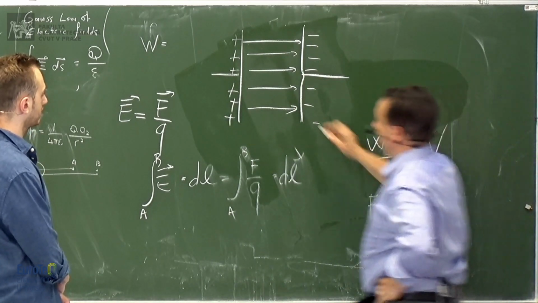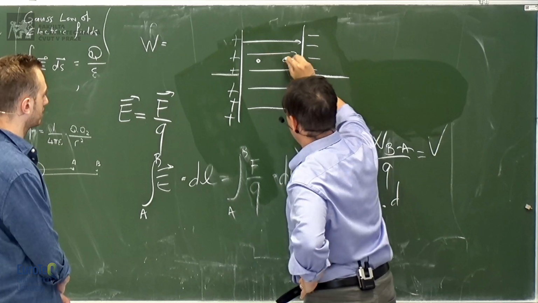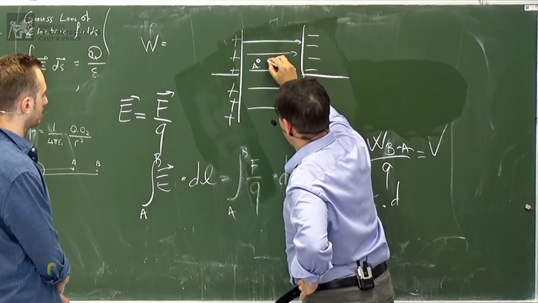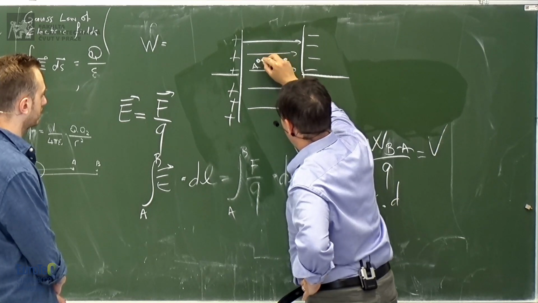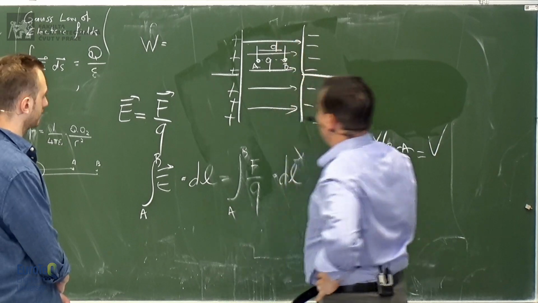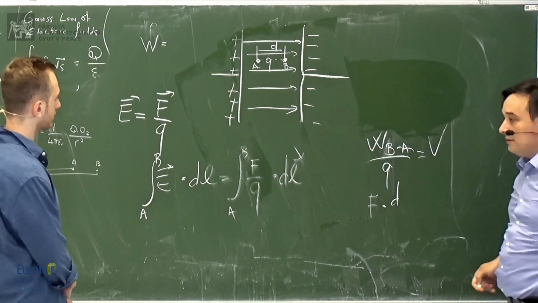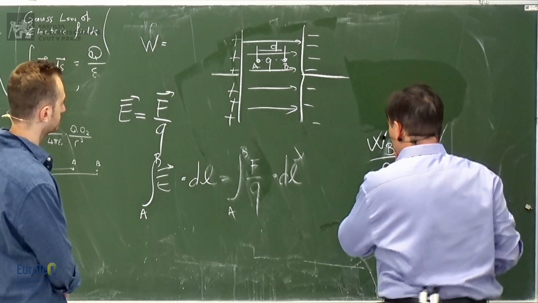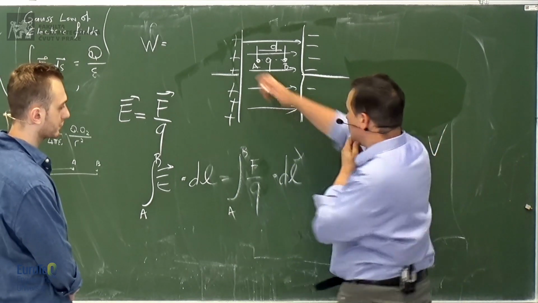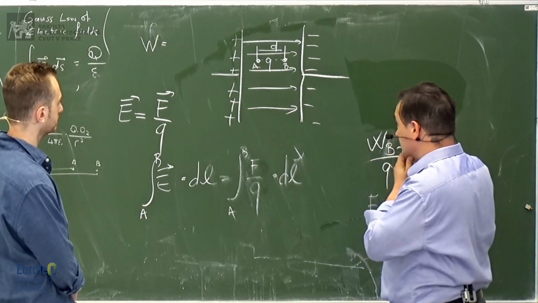You want to go from point A to point B, so you have your charge, and you have to move it over this distance. In this case, the electric field is constant.